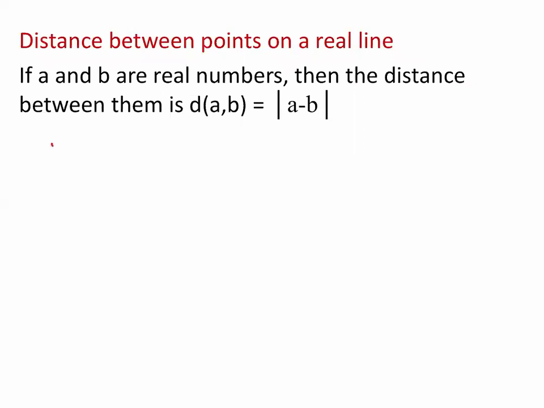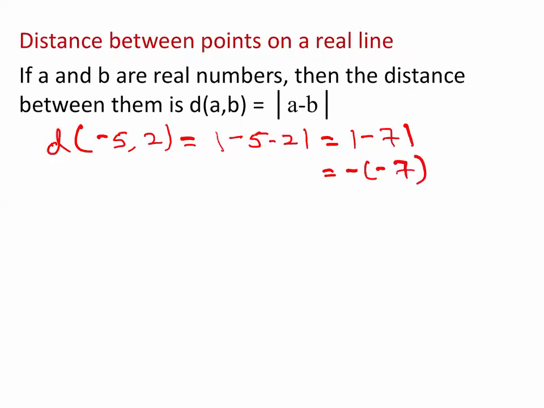For example, if we want to find the distance between minus 5 and 2, following the definition, it would be the absolute value of minus 5 minus 2, which is equal to minus 7. As this is negative 7 and it is less than 0, it would be the negative of negative 7. So that is 7 itself.